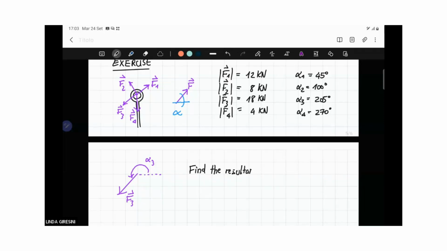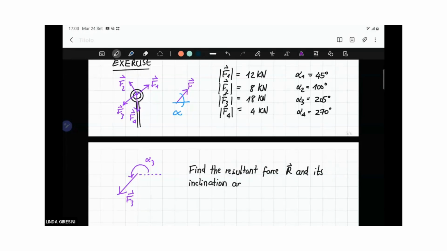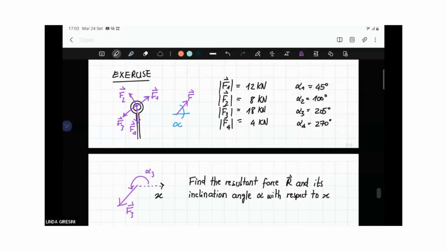The resultant force R and its inclination angle with respect to the horizontal axis. So X is this horizontal axis. Okay.